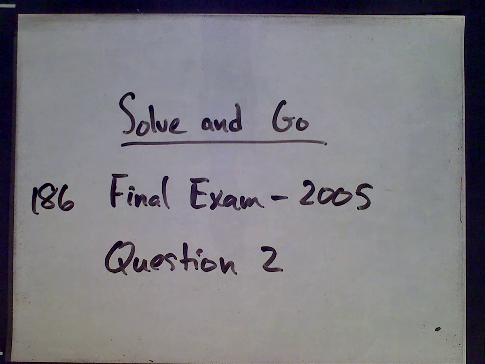This is the second video in a series giving solutions to the MAT186 final exam from 2005. This is question 2. This is about the area of a region bounded by some graph.